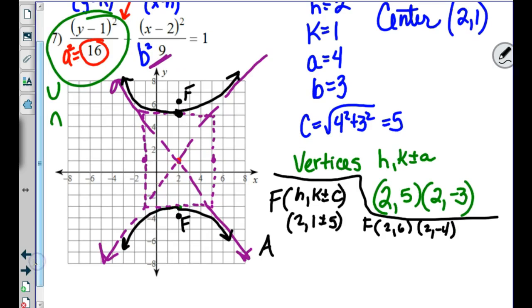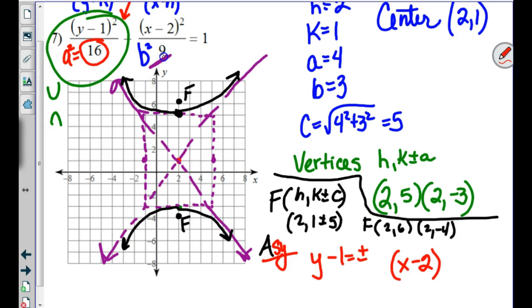And last but not least, the equation of the asymptotes. Okay, y minus 1 right here equals plus or minus, and then over here it's x minus 2. And sometimes the slope is b over a and sometimes it's a over b. You know based on whether it opened up or down, but it's also the change under the y over the x.